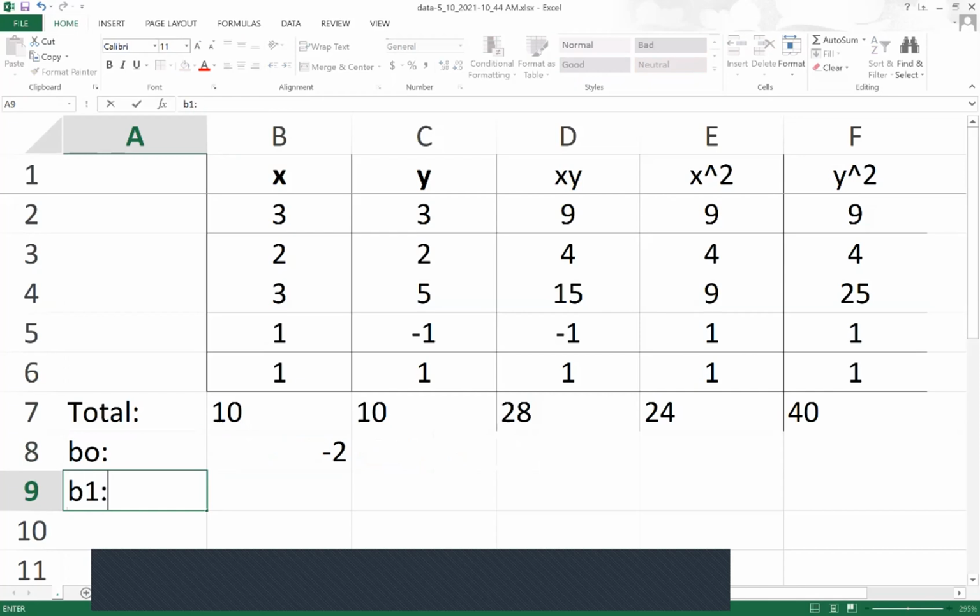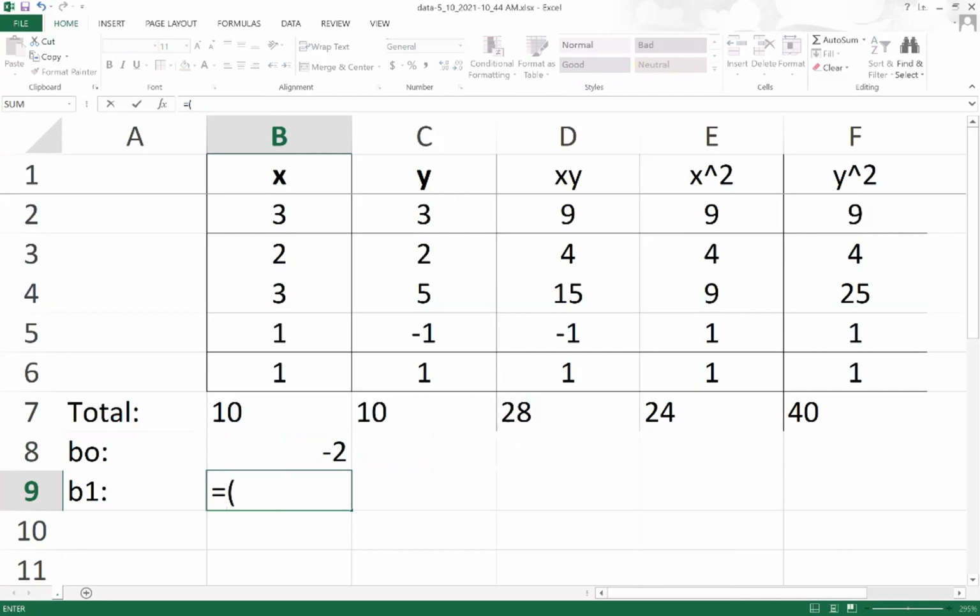And then B1, let's find the B1, again using the formula. B1 is sample size 5 times total of XY, which is 28, and minus summation of X, total of X, 10 times total of Y, it's also 10.